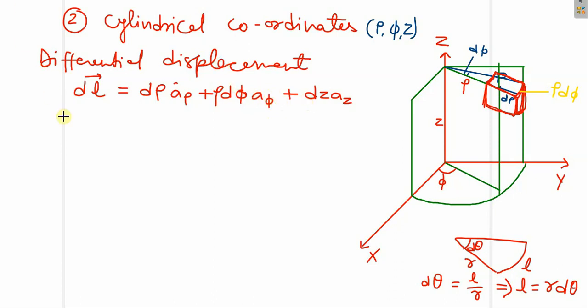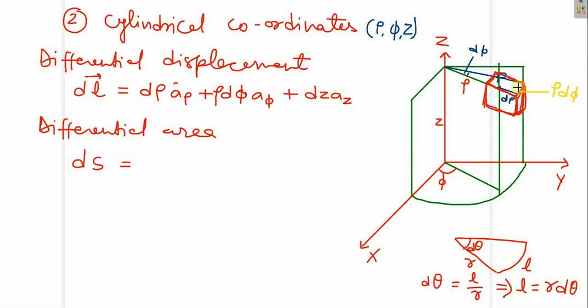Now we will discuss the differential area. So your differential area is given by dS. As we discussed in the Cartesian coordinate system, it is also some sort of cuboid, you can say, but this part is a curvature part. Now how many unique surfaces can be seen here?